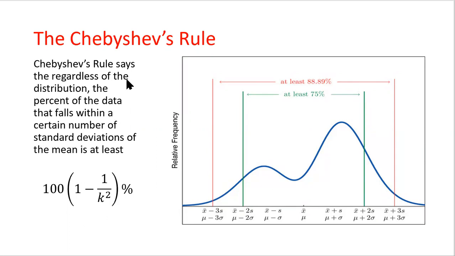And Chebyshev's rule says that regardless of the distribution, the percentage of the data that falls within a certain number of standard deviations of the mean is at least 100 multiplied by 1 minus 1 over k squared, where k is the number of standard deviations away from the mean.